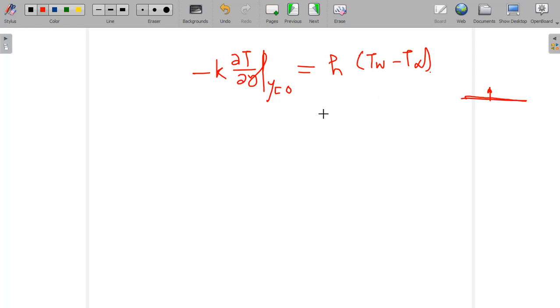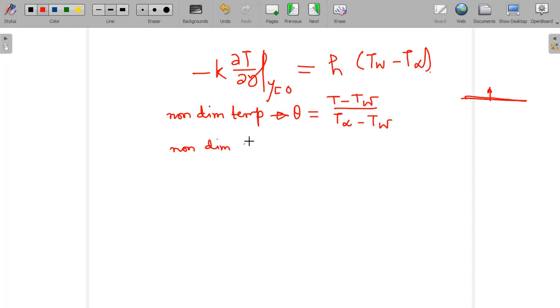So from here what we can do is, if we define a non-dimensional temperature theta, such that theta is T minus T wall by T infinity minus T wall, and if we define a non-dimensional length y bar as y by L. Okay, so basically we have normalized by dividing by L. L is the length of the flat plate.